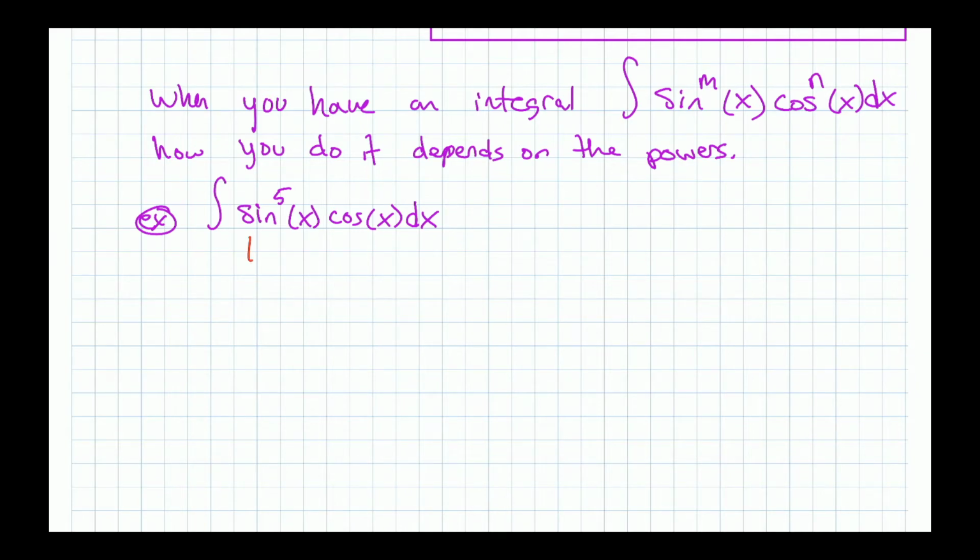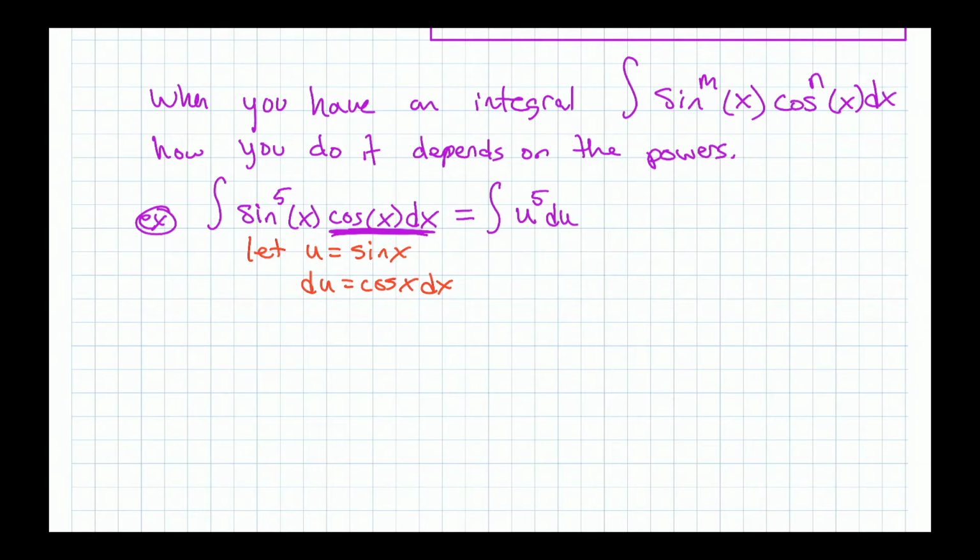You would say, let u equal sine x, du equal cosine x dx. Then you'd put in your U-Substitution. Sine to the fifth of x becomes u to the fifth, and the cosine x dx simply becomes du.